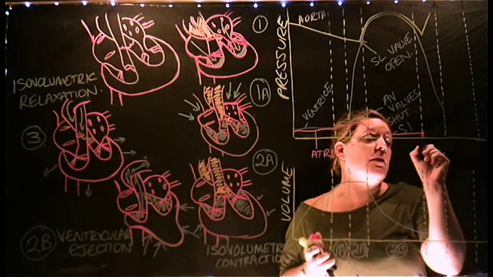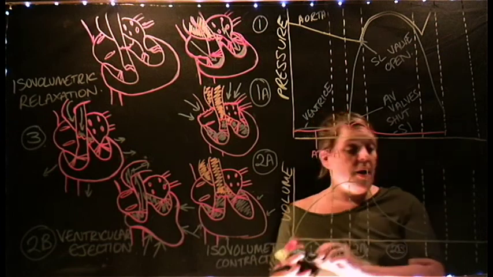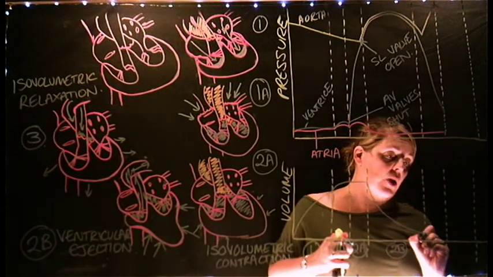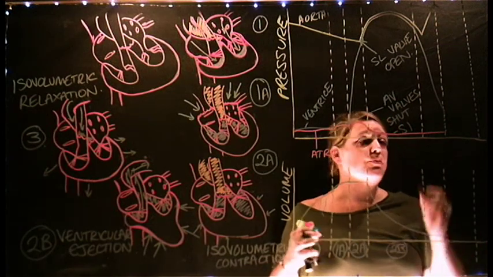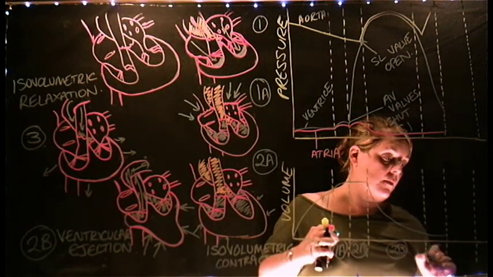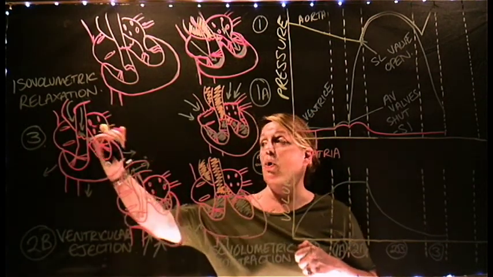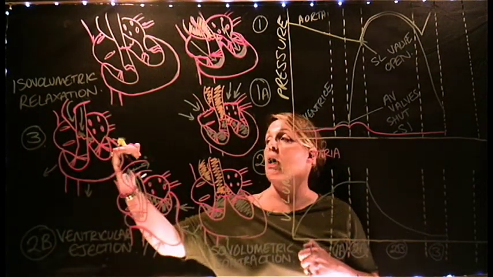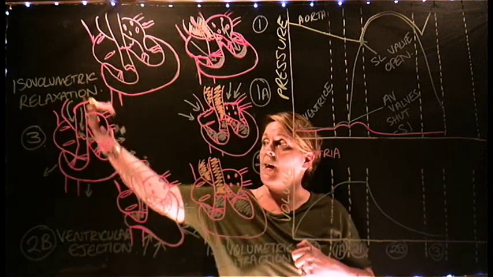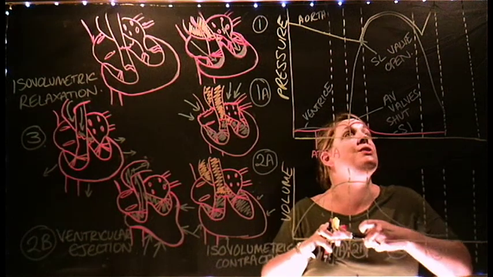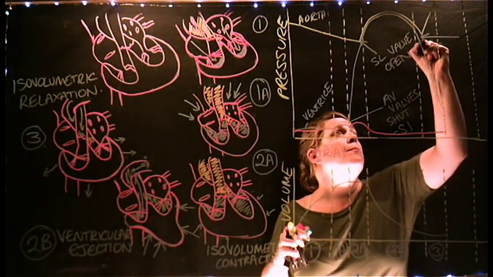The atrial pressure remains low, and our ventricular volume at this point is still low, because as yet we have not opened the AV valves, but we've had the start of that relaxation and the closing of our semilunar valves at this stage right here.